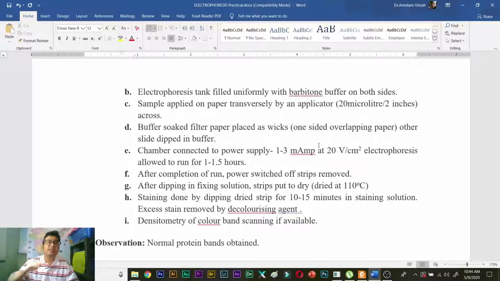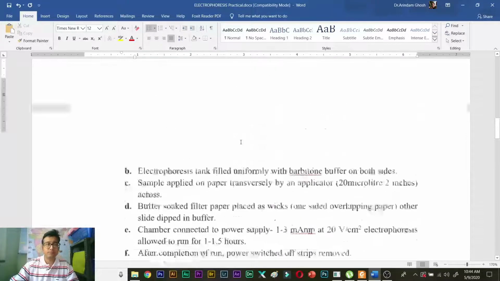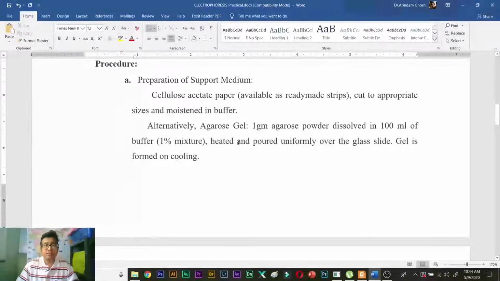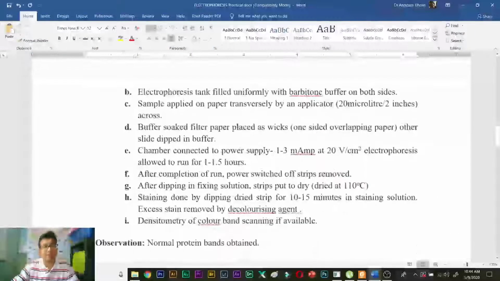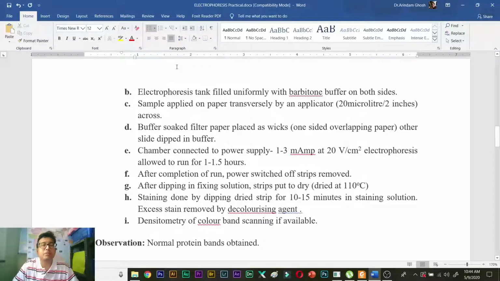You should write, after preparation, the gel is placed on the electrophoresis tank. After the gel is placed, the tank is uniformly filled with barbitone buffer. Sample is applied transversely by an applicator. We need to apply the samples on the gel, right?